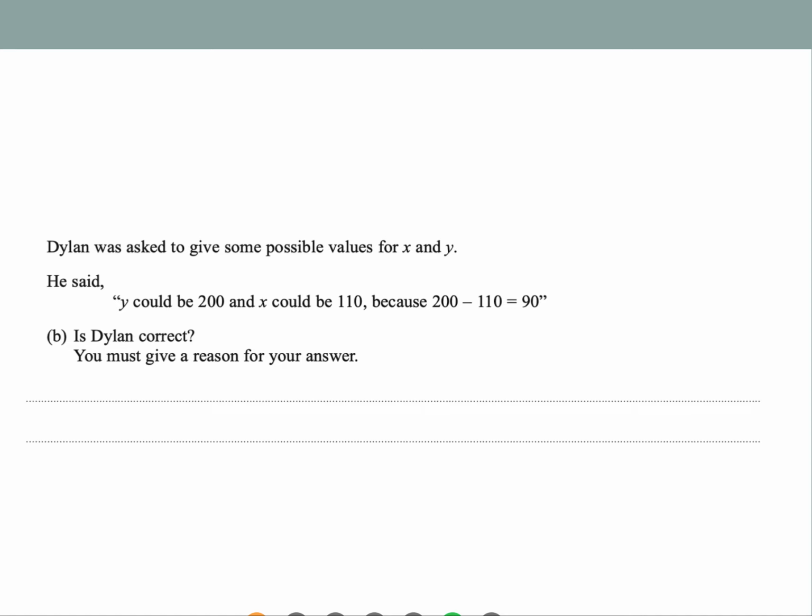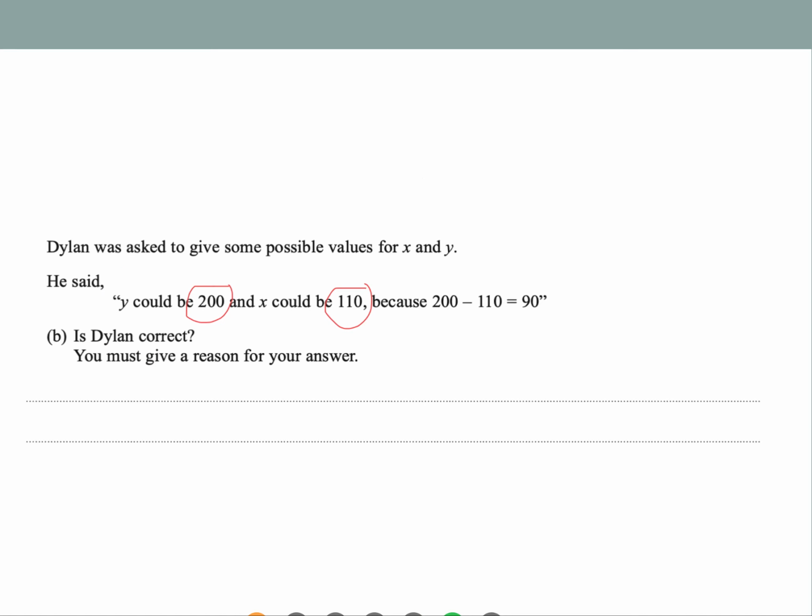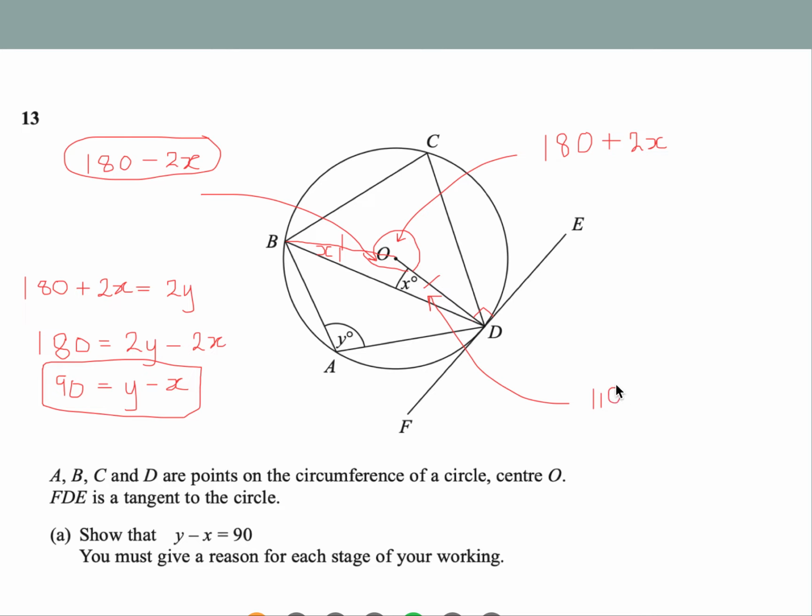Dylan was asked to give some possible values for x and y. He says that y could be 200 and x could be 110. Is he correct? Well, x couldn't possibly be 110, because these two angles would then sum to make 220, which in a triangle, all the angles must sum only to make 180, so that won't work.